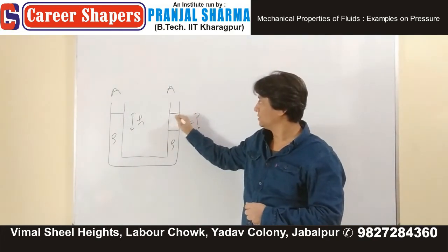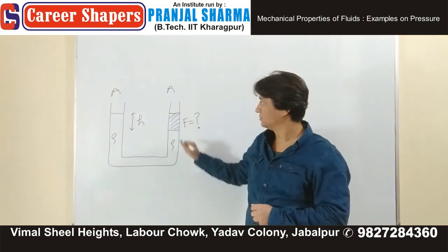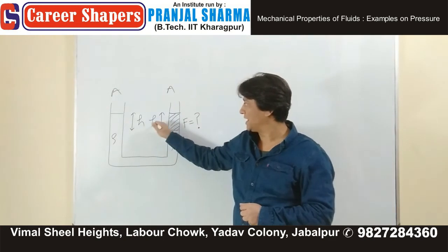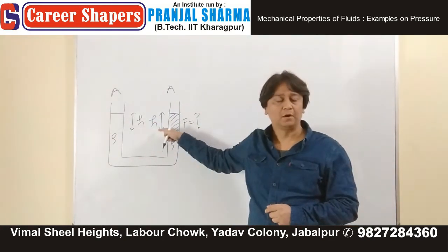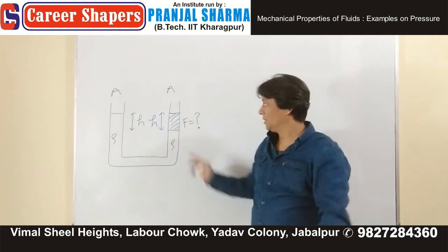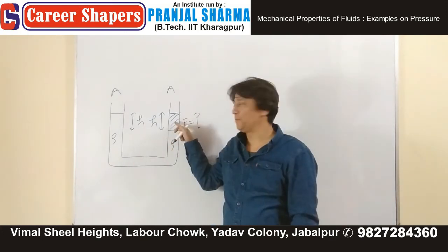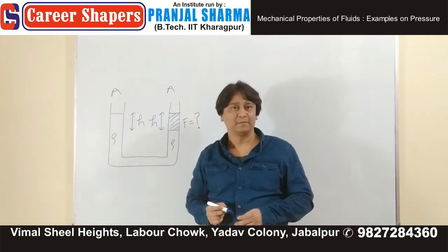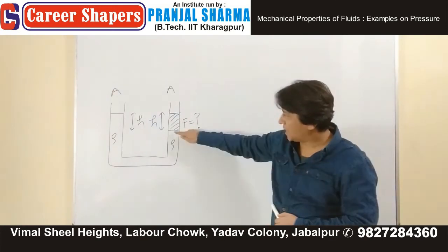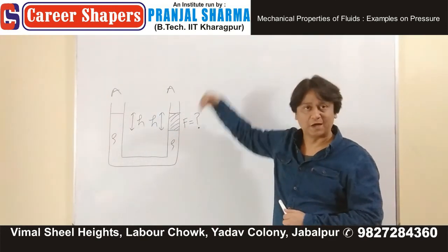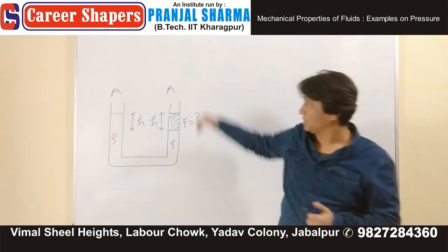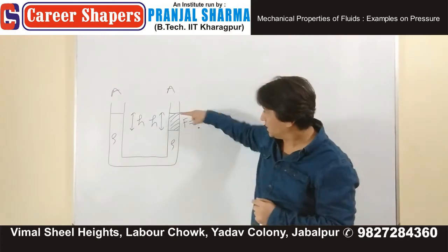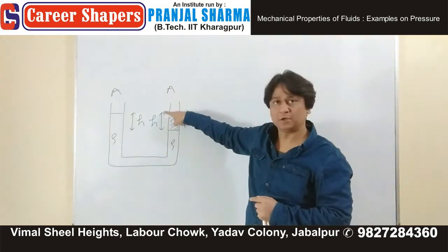Fill this portion up to this height. If I fill this portion up to height h with the same liquid, then what would you expect? You filled this side too, so the height of both will automatically be the same. Listen again: here a person was applying a downward force. Now, instead of that downward force, you remove the force and place a liquid of height h, the same liquid.